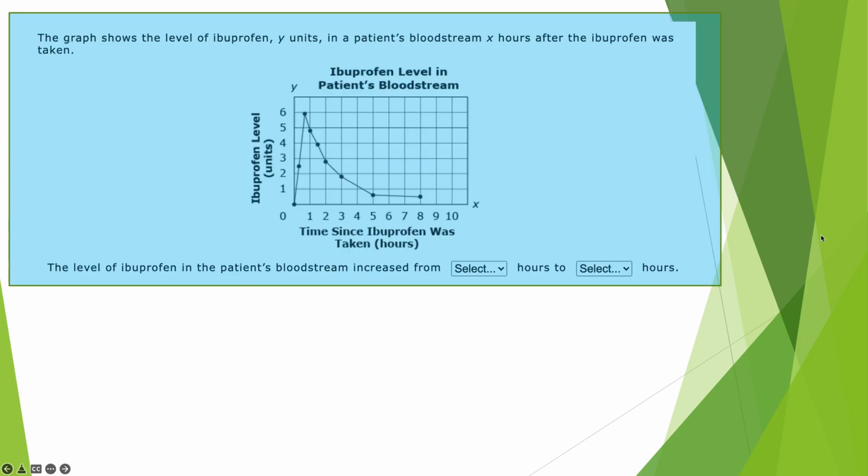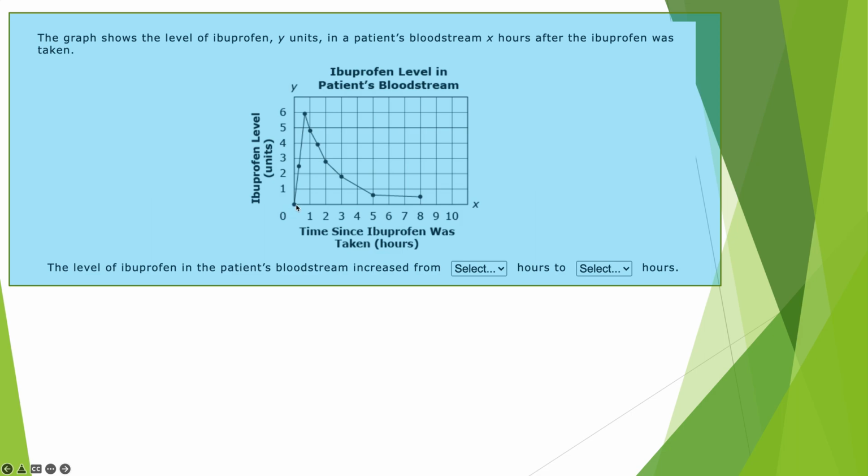All right, next up, go ahead. These are all old praxis questions, by the way. All right. So when is the ibuprofen level in the bloodstream increasing?